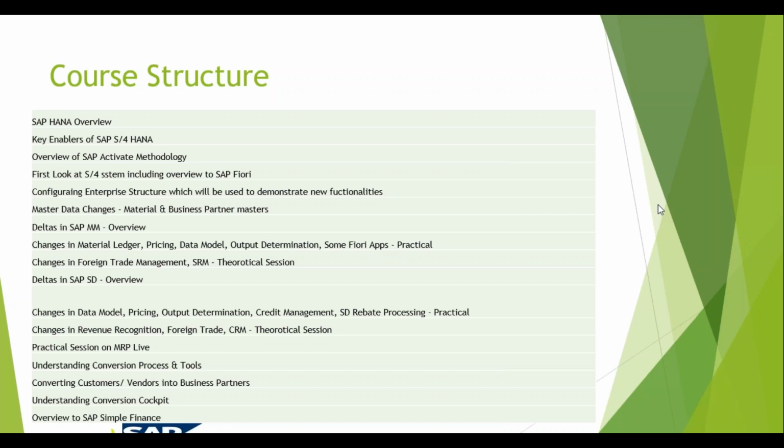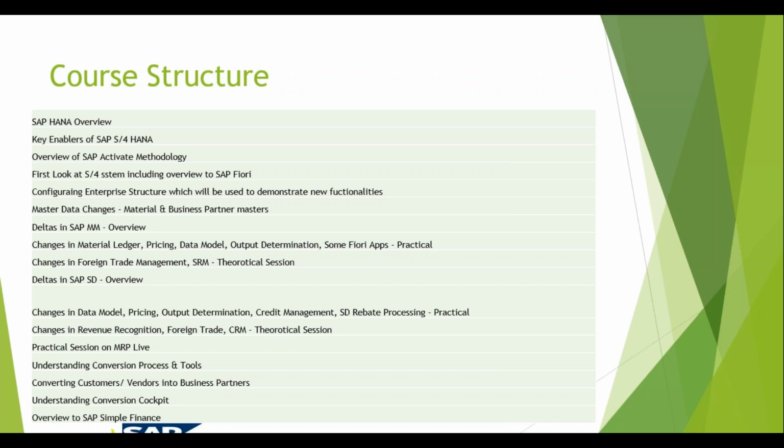Let me give you the hint, though I am supposed to give the overview in the first look at the SAP S/4HANA system. HANA is the database. Today you are using either Oracle or SQL Server. Whenever you do some transaction, the data gets posted in the particular tables of Oracle. Now instead of Oracle, the data will be stored in HANA tables.